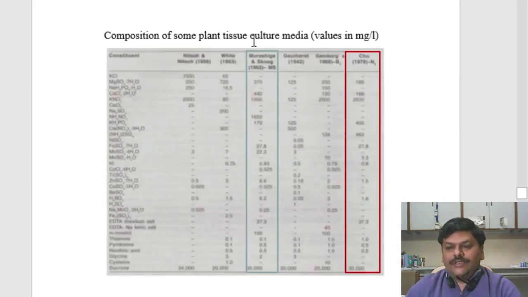Now, this table lists some of the popular media which are used for plant tissue culture. They are basically named on the basis of the people or the scientists who have developed them, like Nitsch media, White media, Murashige and Skoog media, and so on. Here you can see the ingredients which are used to make these defined media, and the concentration in which these chemical compounds are used to prepare them.